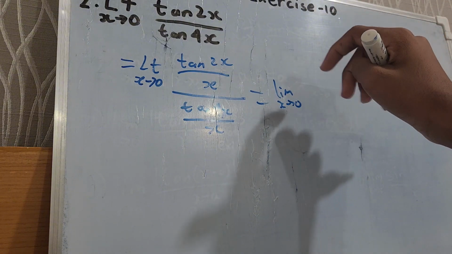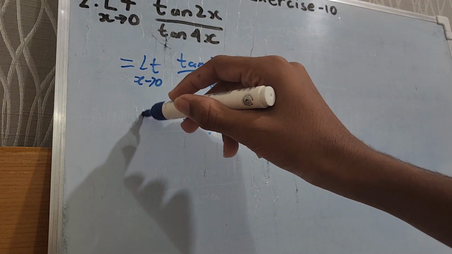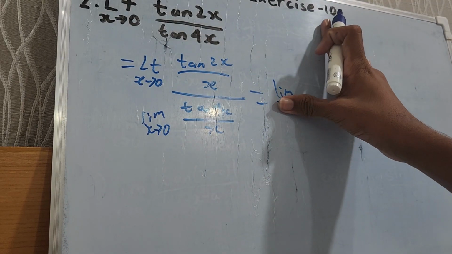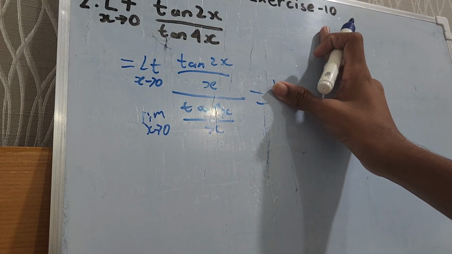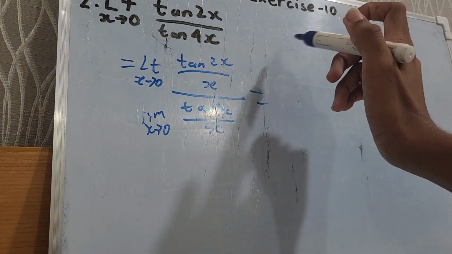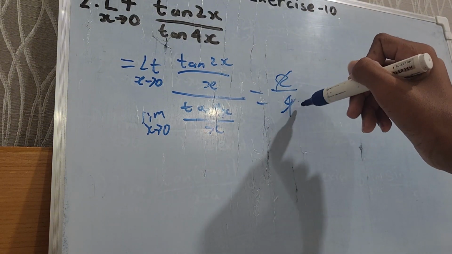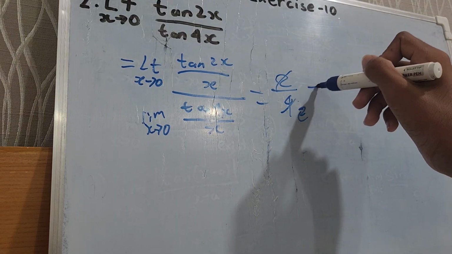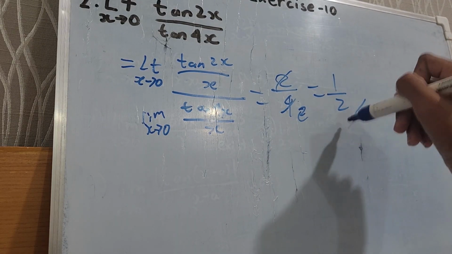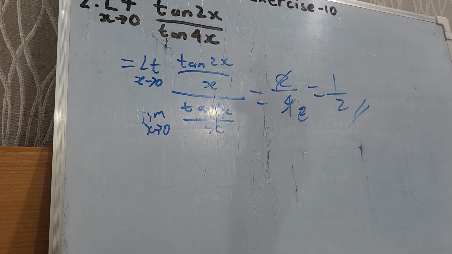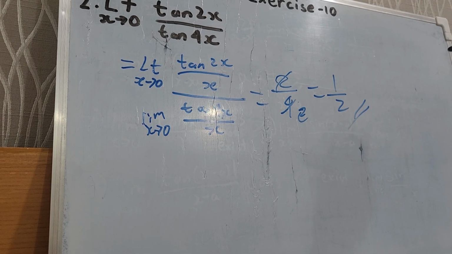Applying the limit below as well, as per the formula it's 2 by a, here 4, which is equal to 1 by 2. This is the proper way you're supposed to do it. Now we have 6 problems, so let's complete all of those and move on to the next problem.